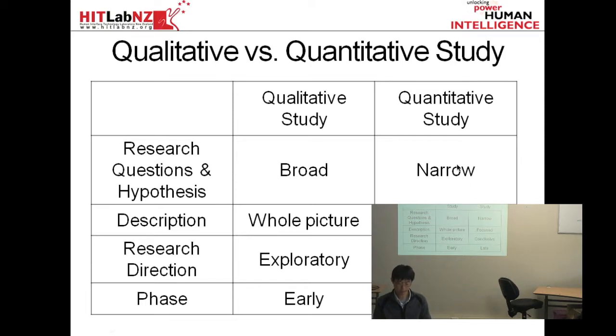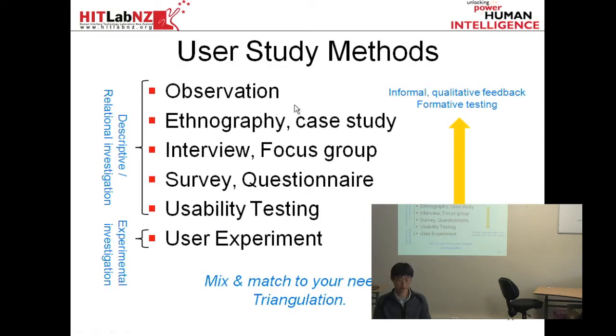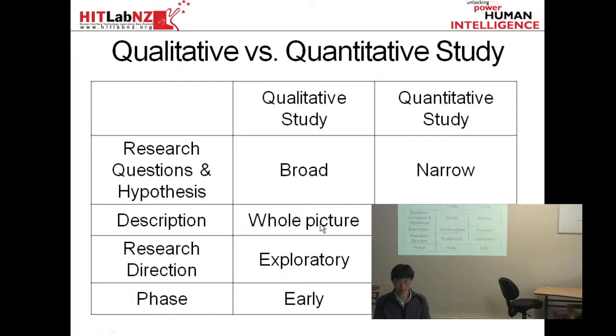And again, if we go back to the study methods, you can easily see that the methods above are more qualitative, and the methods below are more focused on quantitative studies, quantitative feedback.